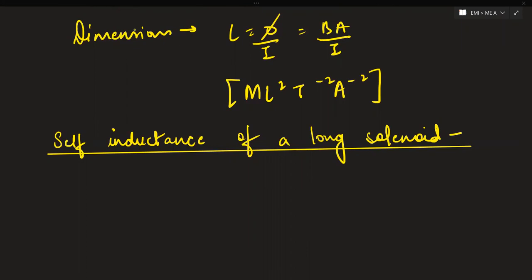What was the formula of magnetic field for a solenoid? Write down all of you in the chat box. Magnetic field for a long solenoid. What was it?